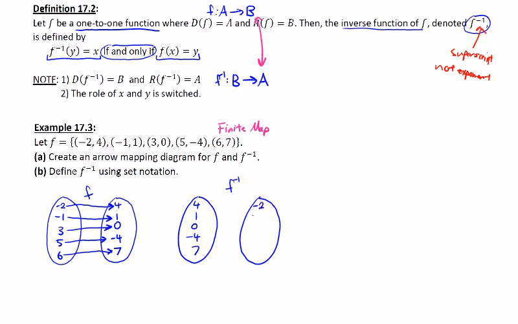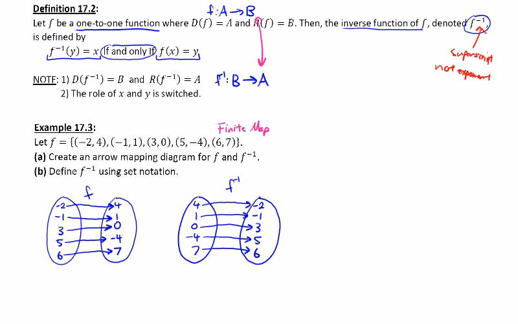So -2, -1, 3, 5, and 6 go into the second set. But when you make a map, you're always connecting x values to y values. So now 4 maps to -2, 1 maps to -1, 0 maps to 3, -4 maps to 5, and 7 maps to 6. So all we're doing is just switching the order of the ordered pairs.